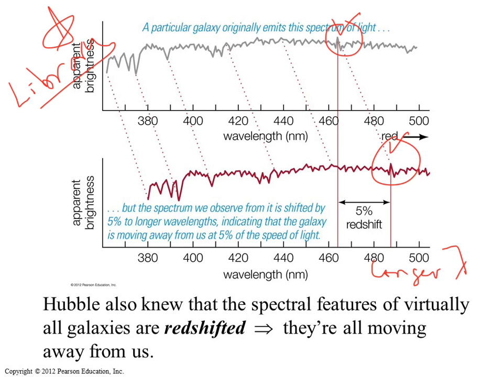I was reading through these slides getting ready for tonight, and if you quantify things, it's shifted 5%, and that actually means that it's going 5% the speed of light, which I didn't realize. So the more shifted the information coming from a galaxy, the faster it's going.